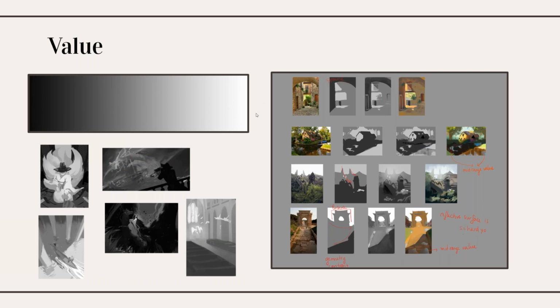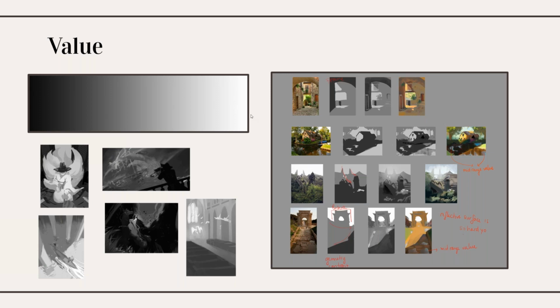When you talk about value, though, you usually think about this gray bar on the top left. However, that is such a wide range of value, and it can really get confusing at times.